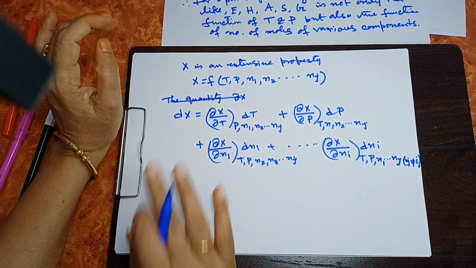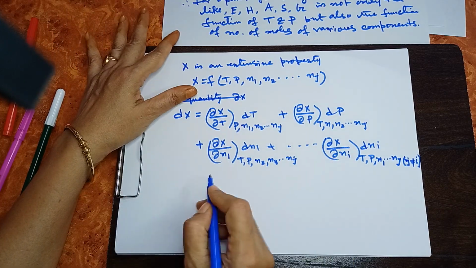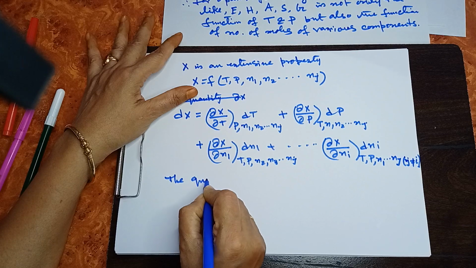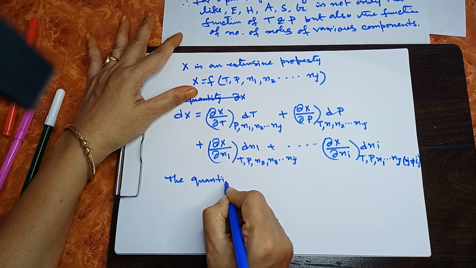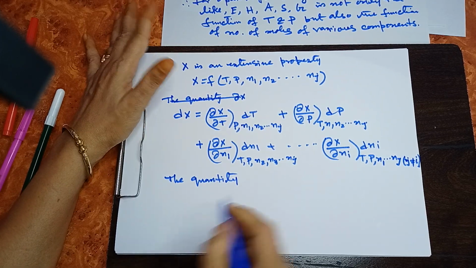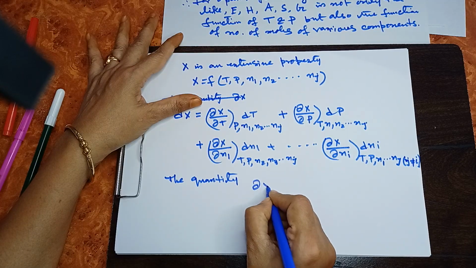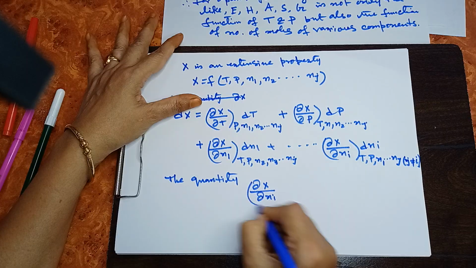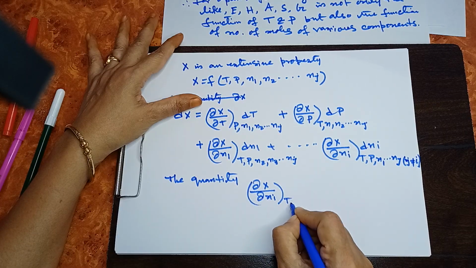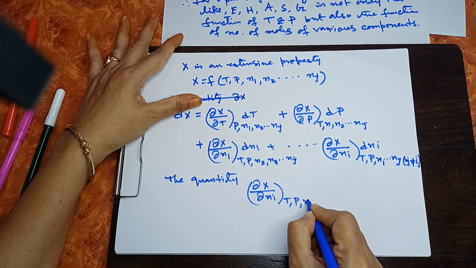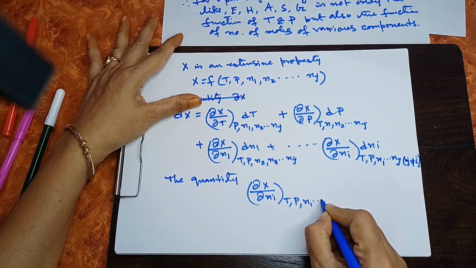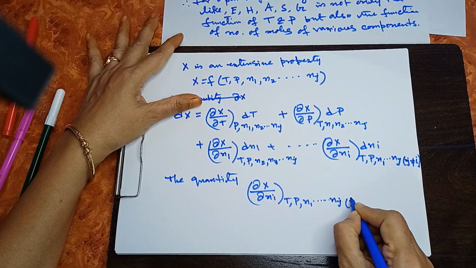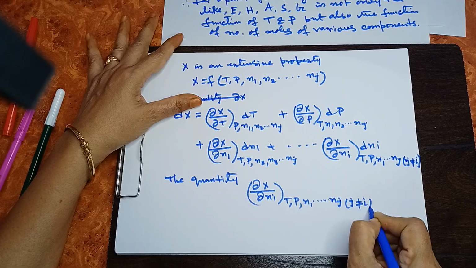We can write like this. Then the quantity (∂X/∂ni) at constant temperature, pressure and constant composition of other components, j not equal to i.